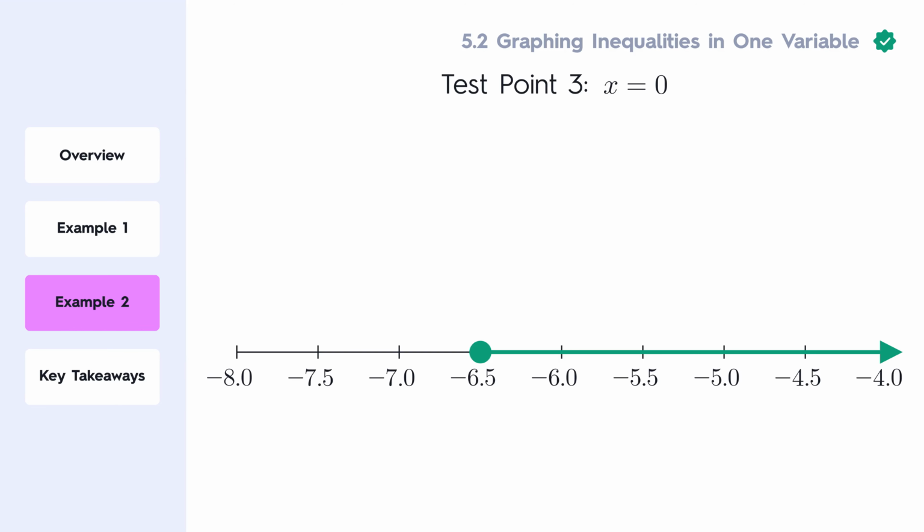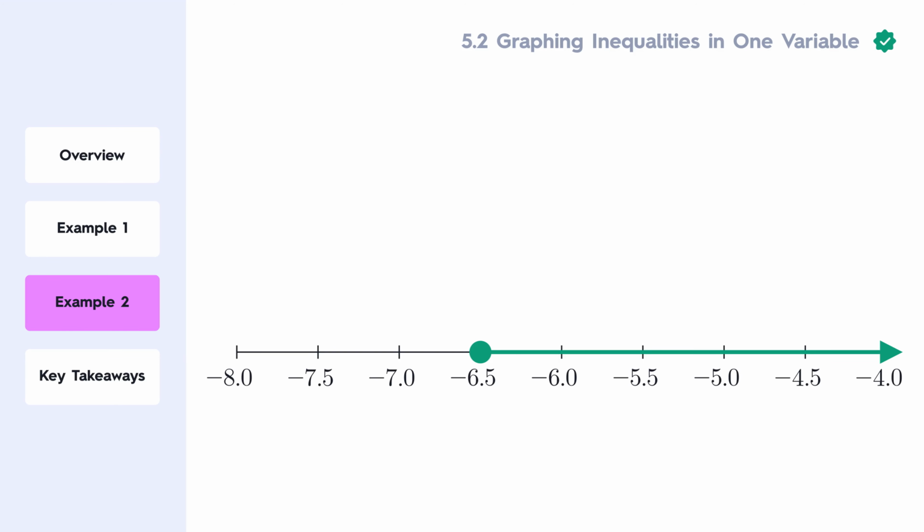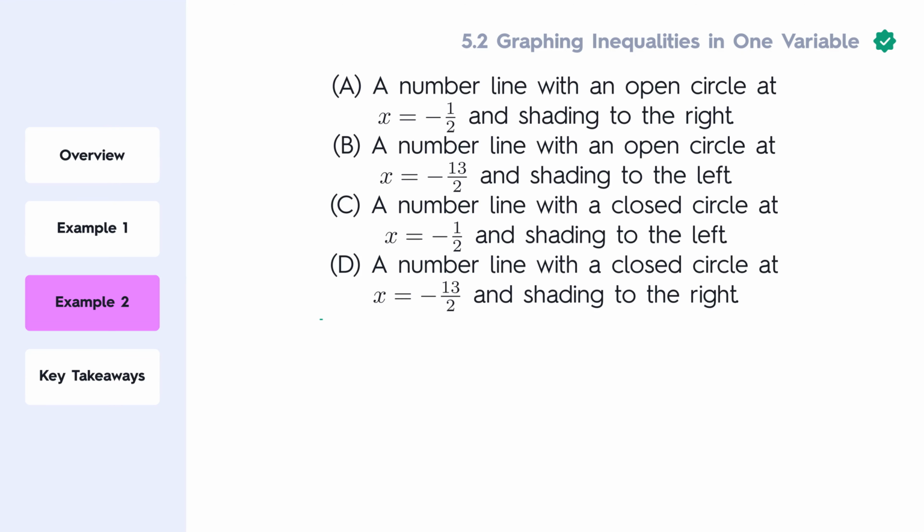Let's now test out x equals 0. Again, this is true, so x equals 0 satisfies the inequality. Therefore, the correct answer is option D, which represents a closed circle at x equals -13/2 and shading to the right. We confirmed this solution by testing points within the shaded area, all of which satisfied the original inequality.